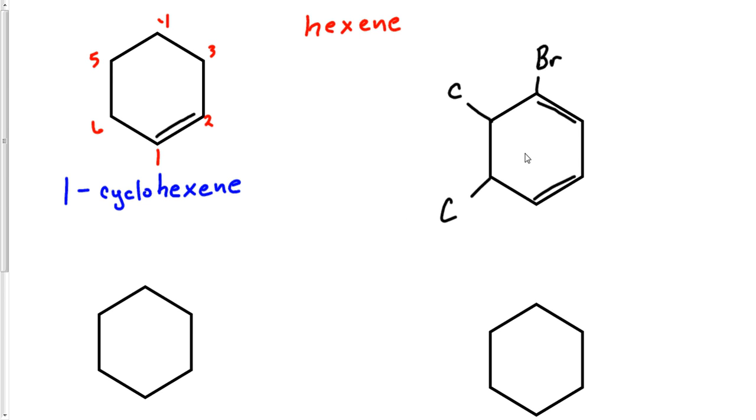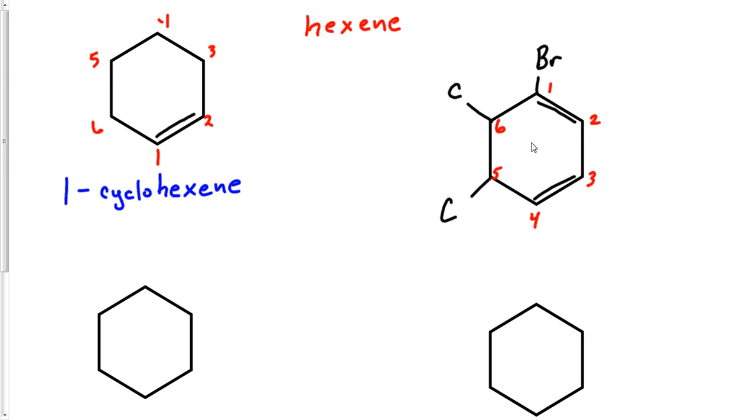First thing first, we need to number this. And if I've got a halogen, if you've watched the other videos, I like making my halogen number 1. But now we got a big question. Which direction do I want to go? And I'm going to go ahead and number it this way. And I'm going to go ahead and knock those double bonds out as quick as I can. 5, 6.